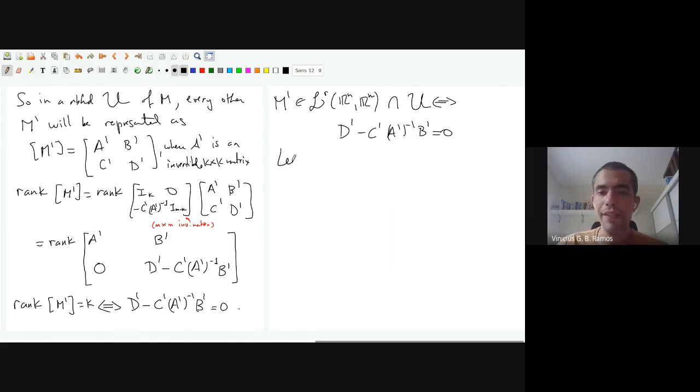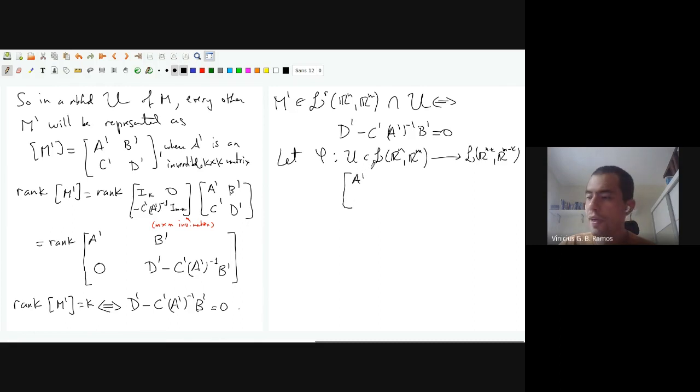So now you can define basically this as the map. You can define the map that takes all matrices in U to the linear transformations from Rn minus k to Rm minus k, that take a matrix of the form A prime, B prime, C prime, D prime in the bases that you had chosen for a given M, to this D prime minus C prime, A prime inverse, B prime.